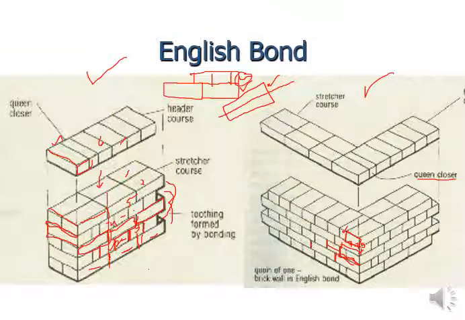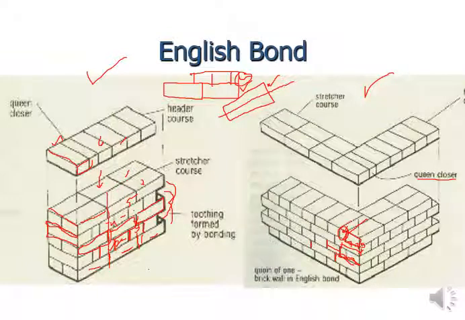Also, it is at the corner, so it can be taken out. So to stabilize this queen closer with the smaller dimension, you have to insert it between the 2 complete bricks at the corner. That's what you have to remember.